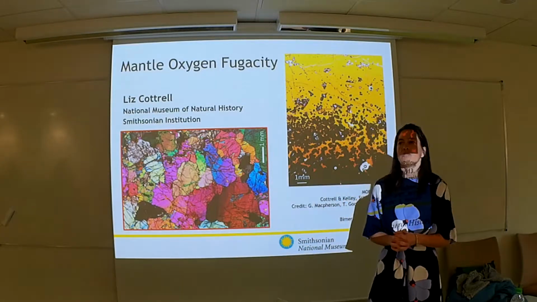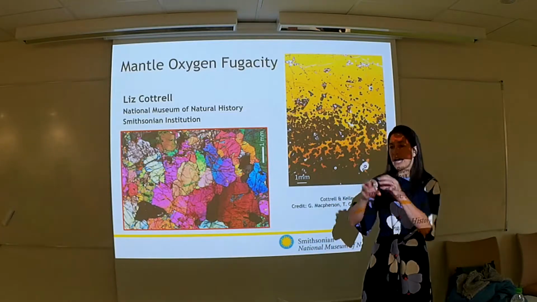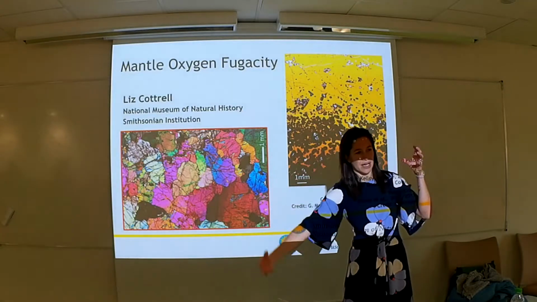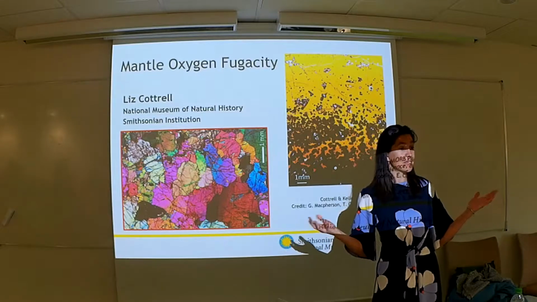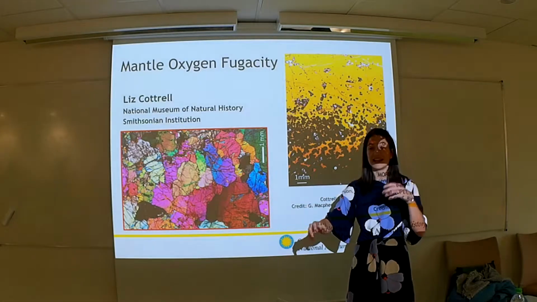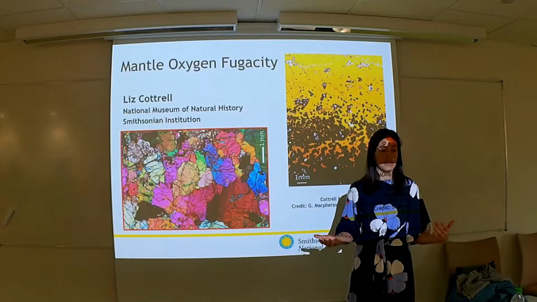From the continents, for example, we have a xenolith record, and we get a good view of the oxygen fugacity profile in the continents from xenoliths. In the oceans, we have no xenoliths. So we have no sense of the redox profile in the convecting upper mantle beneath the oceans.